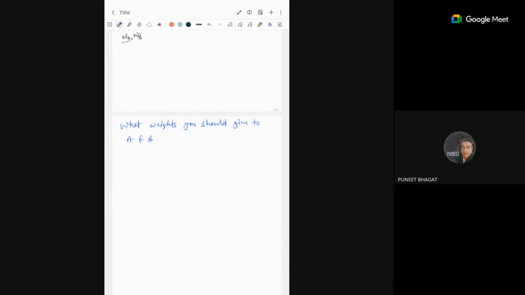So, to get an expected return of, let's say, R bar: suppose you are given RA to be 10%, RB to be 18%, and you are supposed to find a portfolio which gives you an expected return of 15%.